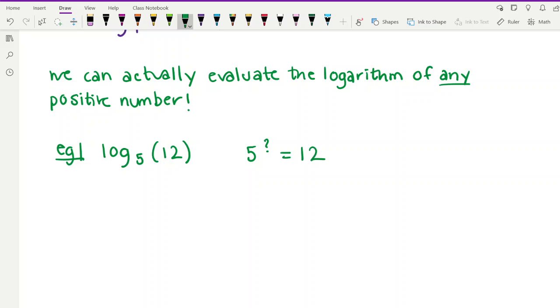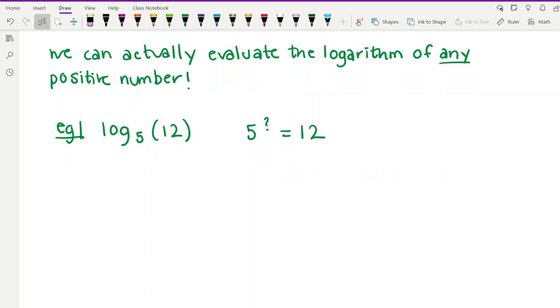Your answer might be, well, there is no power. There's no number that we can think of that we can raise 5 to and get 12. But that's actually not true. There's no whole number power that we can raise 5 to and get 12, but there is actually a number. It's going to be a funny decimal. It's not one that we would be able to come up with just by looking at it, but there is a power that you can raise 5 to and get 12.